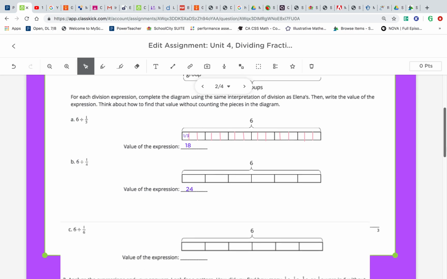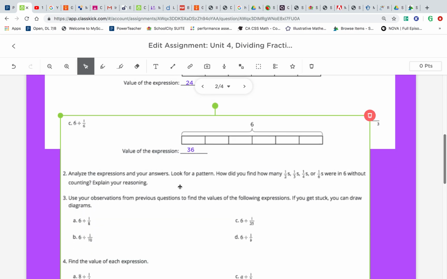So if we look here, 6 divided by 1/6, you can guess that's going to end up being 6 times 6, right? We've already done the part, and you did some in 5th grade as well, where you know to multiply by the reciprocal. This is going to build into our next activity, where it's not going to be quite as easy, but it's just going to be adding on one more step.